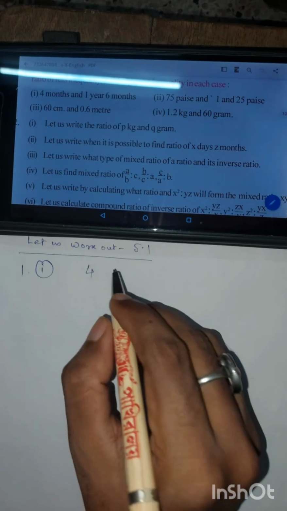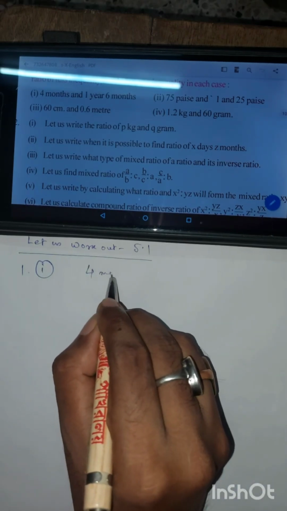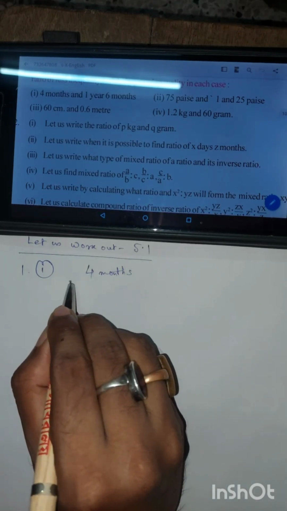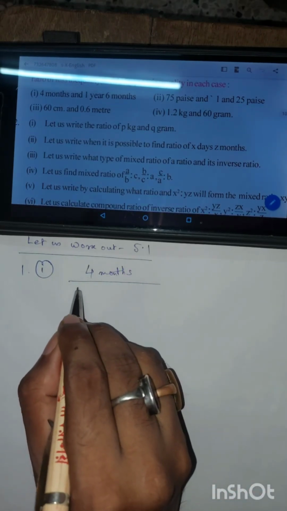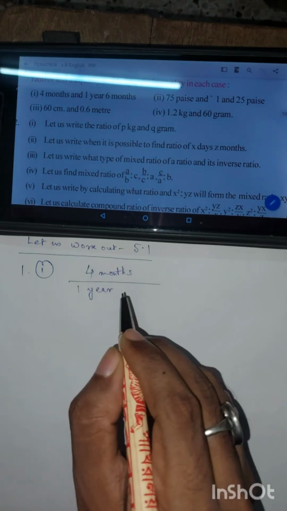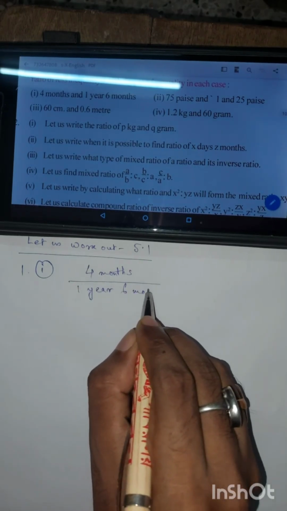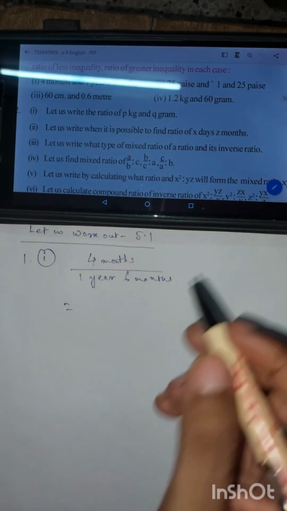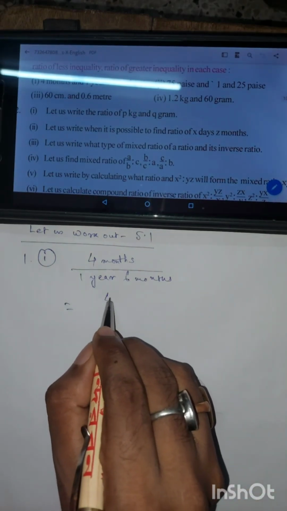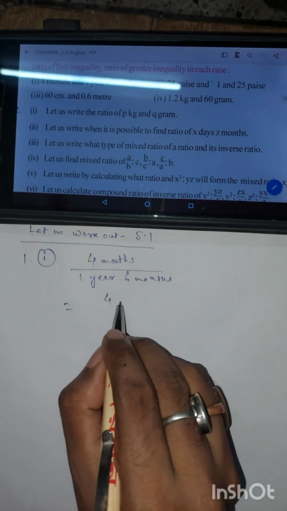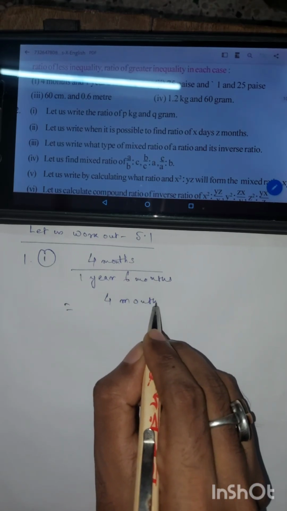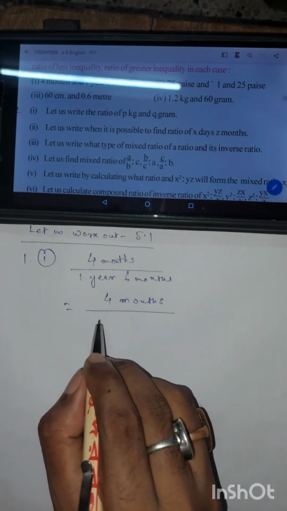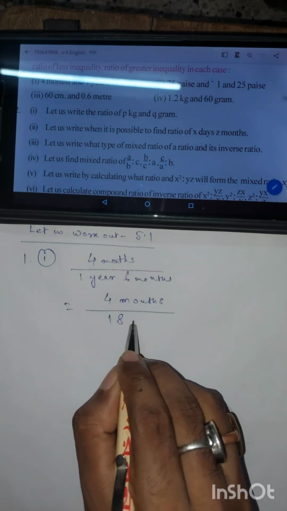4 months by 1 year 6 months. So let us convert it into months. So 4 months by 18 months.